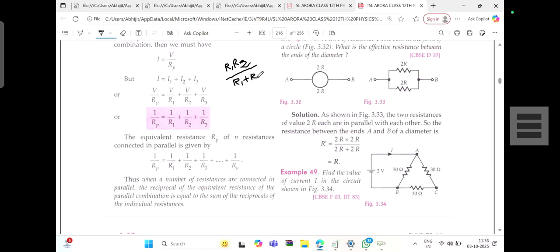That is the direct formula for two resistances connected in parallel combination.